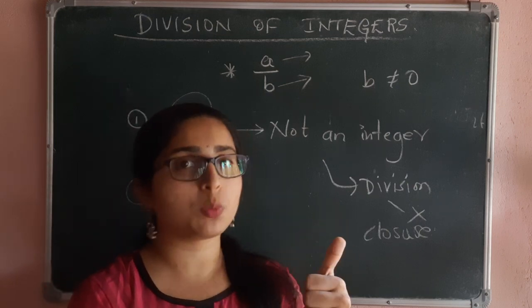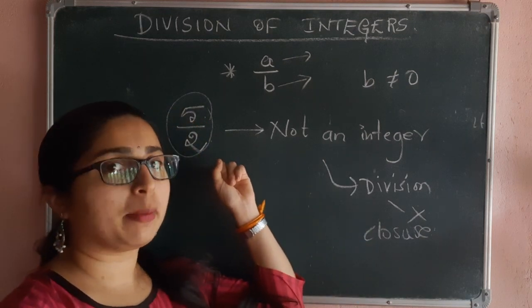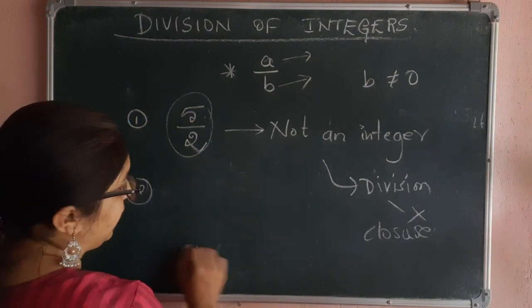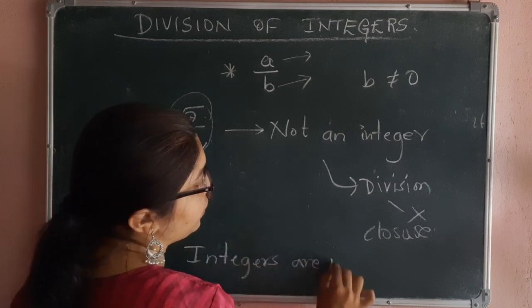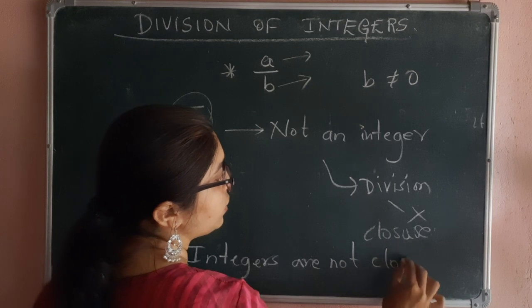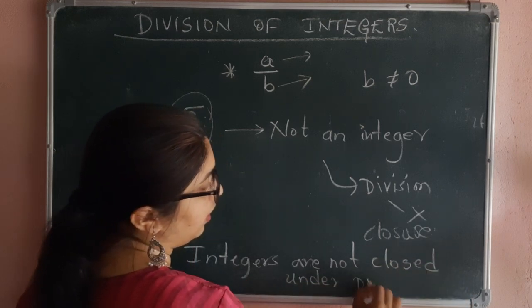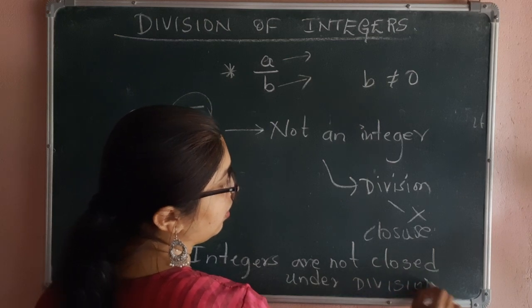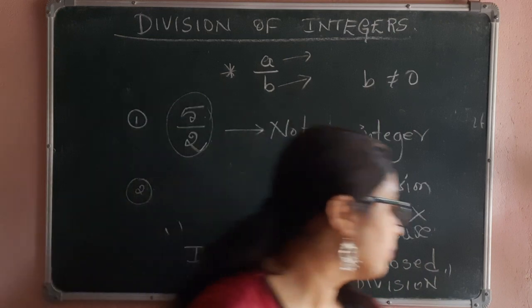So that is the first point that we get to know from the first example, 5 by 2. So integers are not closed under division. Okay, so this is about the closure property.